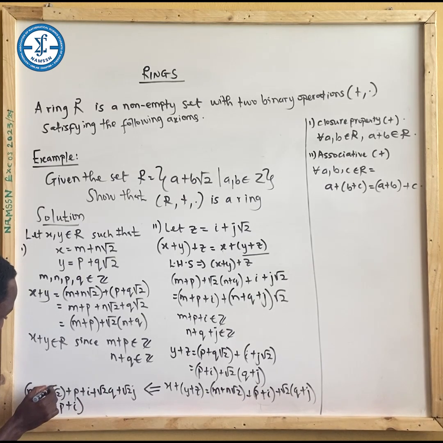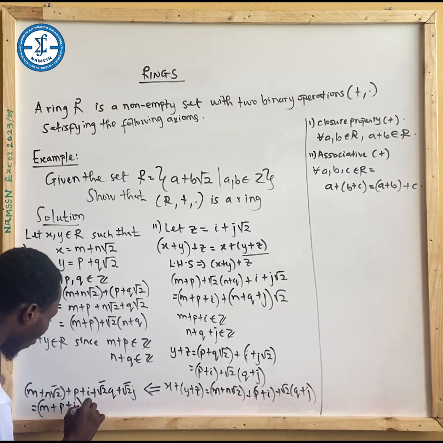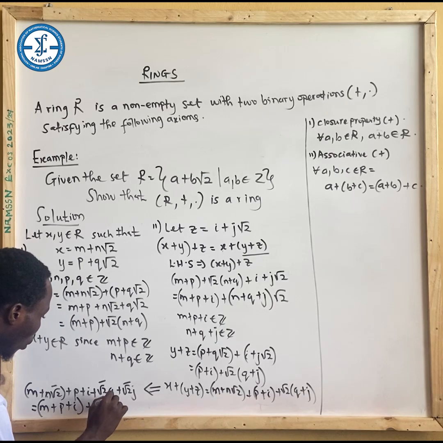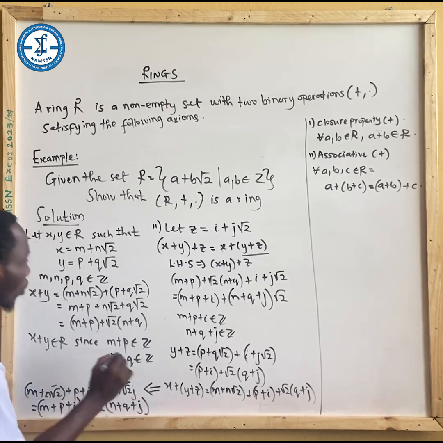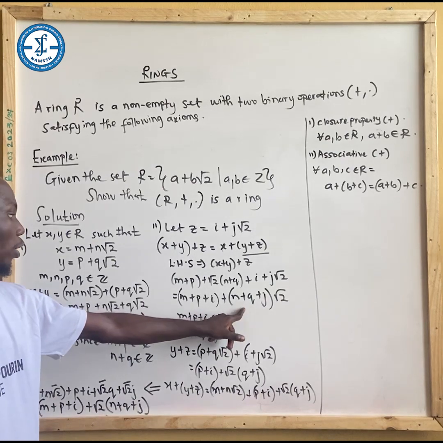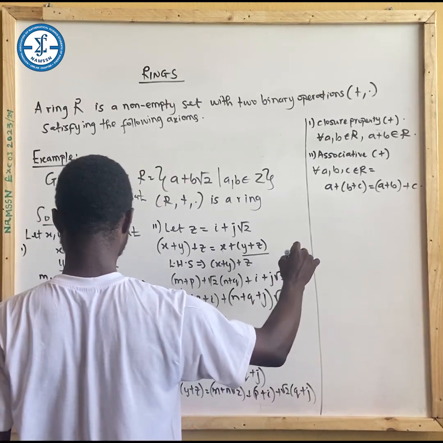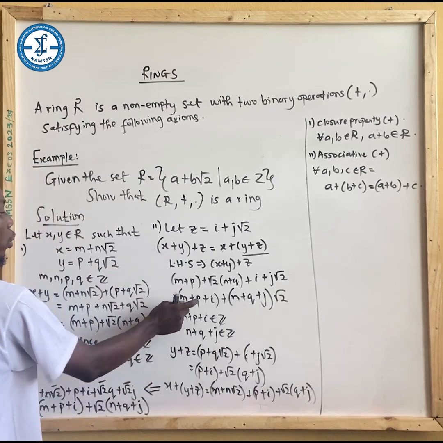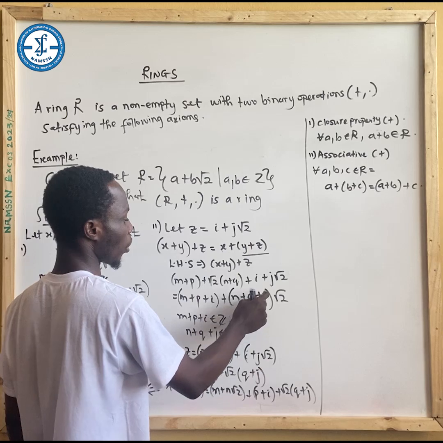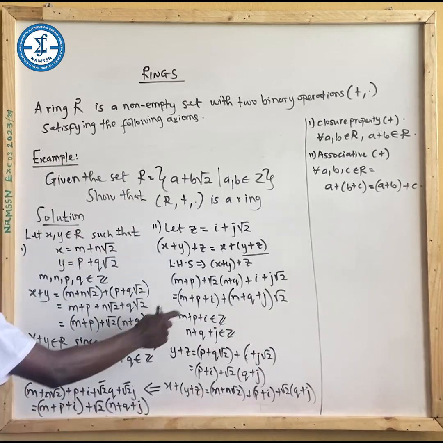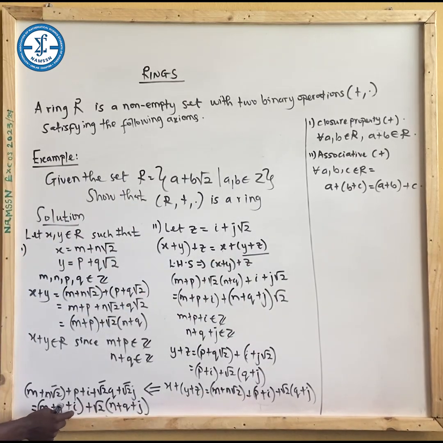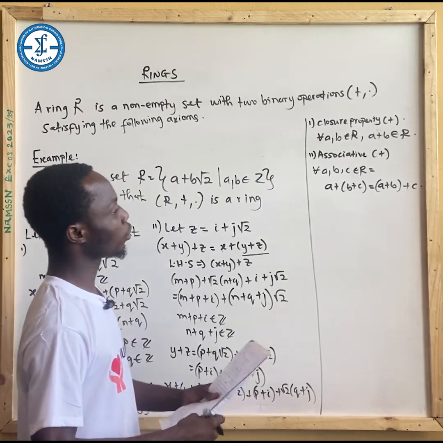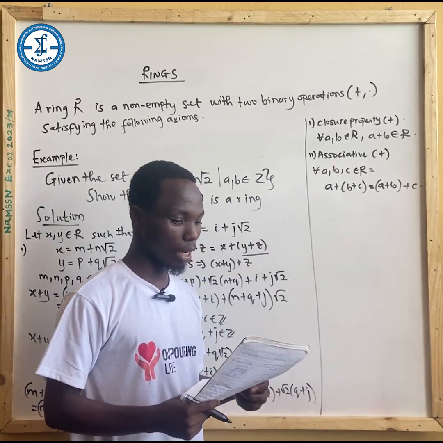Now here I have root 2, root 2, root 2. I can factorize out my root 2, and then I have n plus q plus j. So when you compare with what I also have here, this basically means that my left hand side, x plus y plus z, gave me m plus p plus i plus n plus q plus j all into root 2. Same thing with this, m plus p plus i plus root 2 n plus q plus j. I've been able to show associativity under addition.